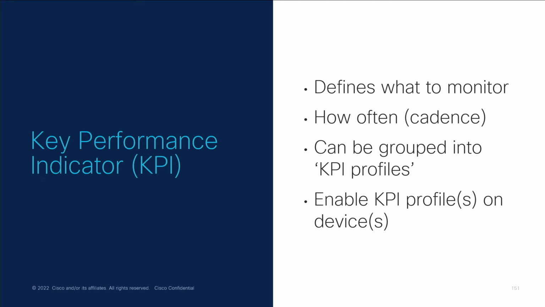How does it do it? Well, it uses what most monitoring systems use, key performance indicators, which start by identifying what needs to be monitored. We need to measure and collect quantifiable data from a device at regular intervals. And the cadence we've discussed is how often we need to reach out to the device to collect that data.